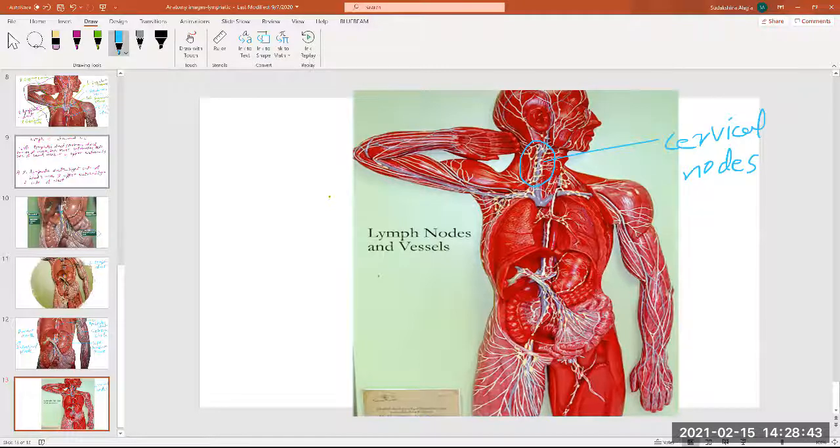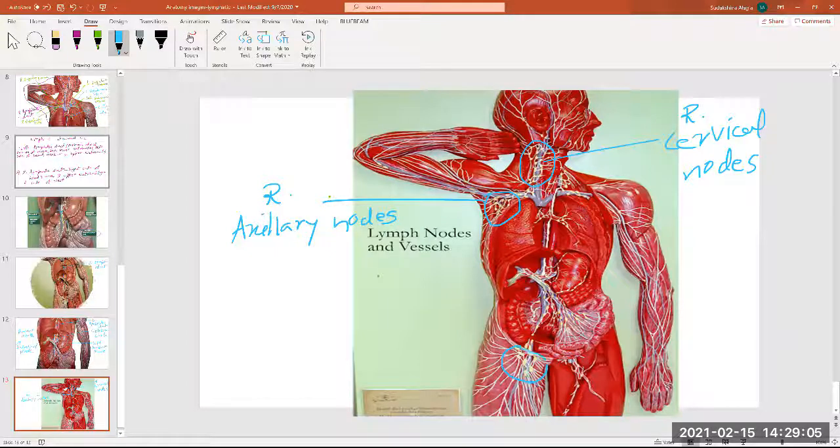Cervical node. Here in the axillary area, axillary nodes. You can call these right cervical nodes because there are left cervical nodes that we don't really see. Right axillary nodes.